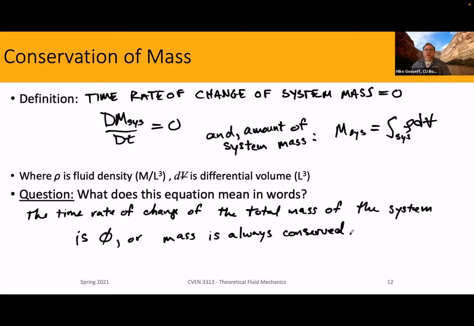Now that's an easy concept. Any of us should agree with that on the face of it. The point of the next couple of slides is to rederive this and prove this to ourselves mathematically, and from that comes the Reynolds transport theorem.